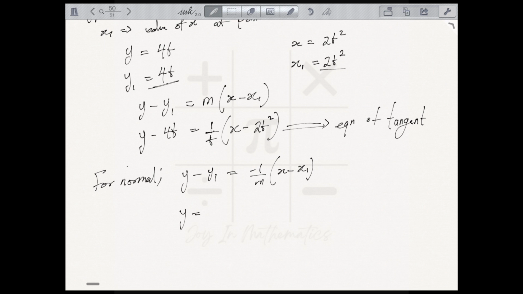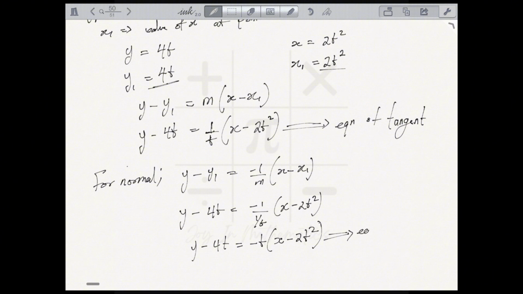That's y minus 4t is equal to minus 1 over 1/t, which is minus t, into x minus 2t squared. Now this is our equation of normal.